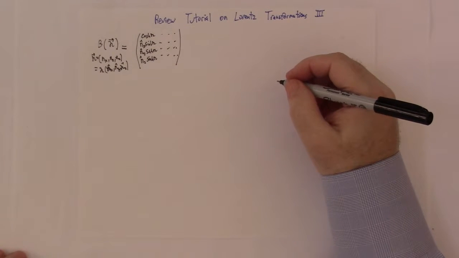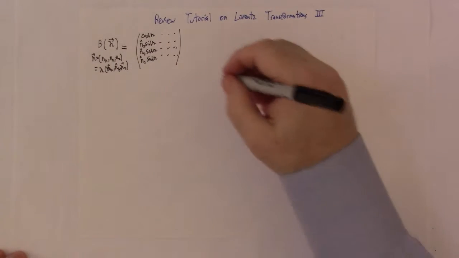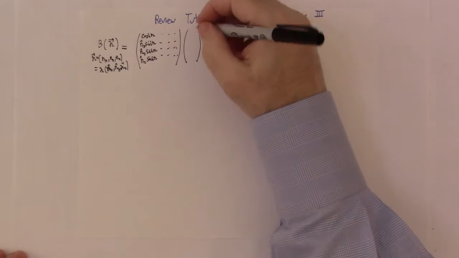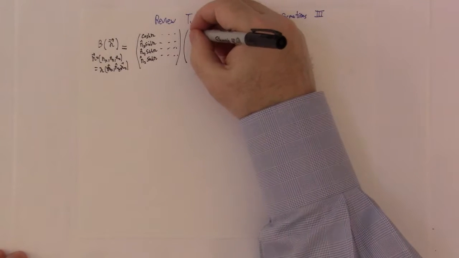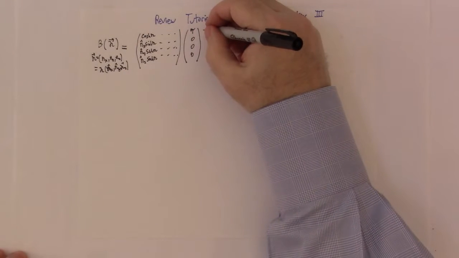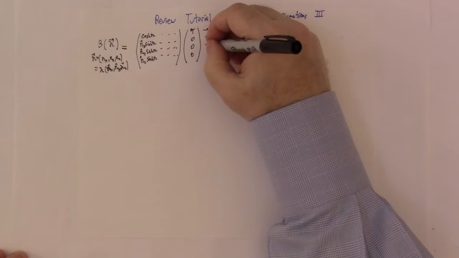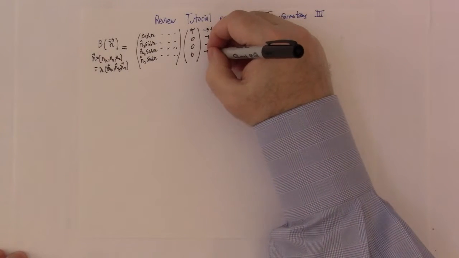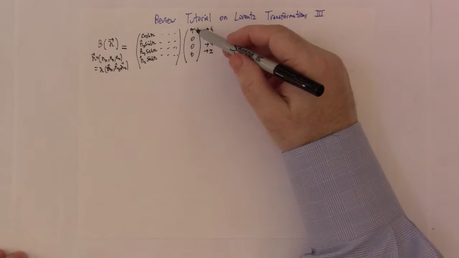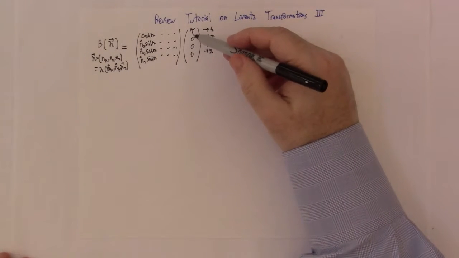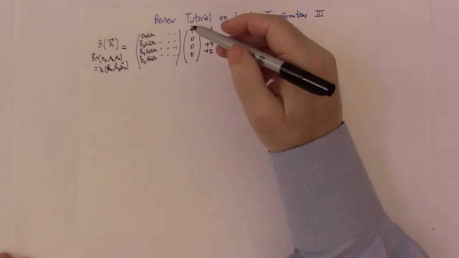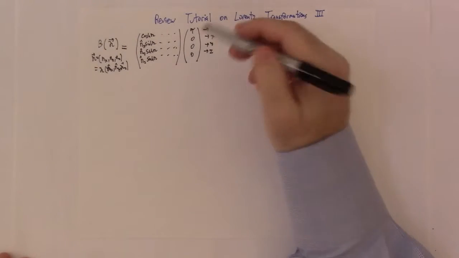So imagine we have a particle that's sitting at rest at the origin of our coordinate system. We can parameterize the world line of the particle by tau, 0, 0, 0. So this corresponds to t, this corresponds to x, this corresponds to y, this corresponds to z. I'm using proper time as the parameter here, but it could be any parameter. This is a world line which just sits at the origin no matter what tau is. When we boost it, we get a new world line for the particle.